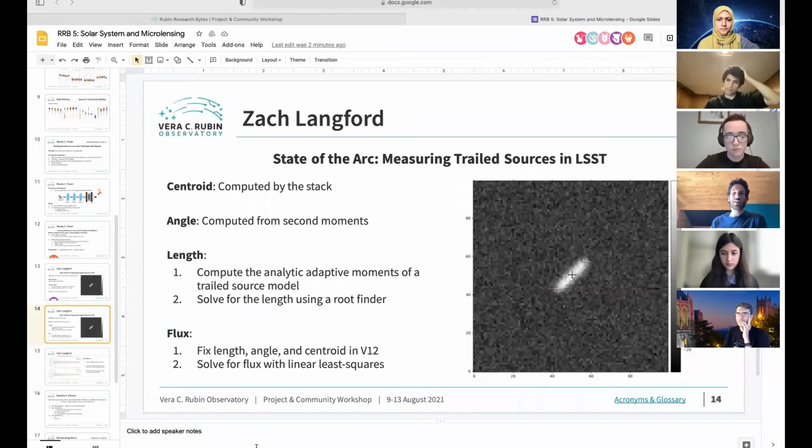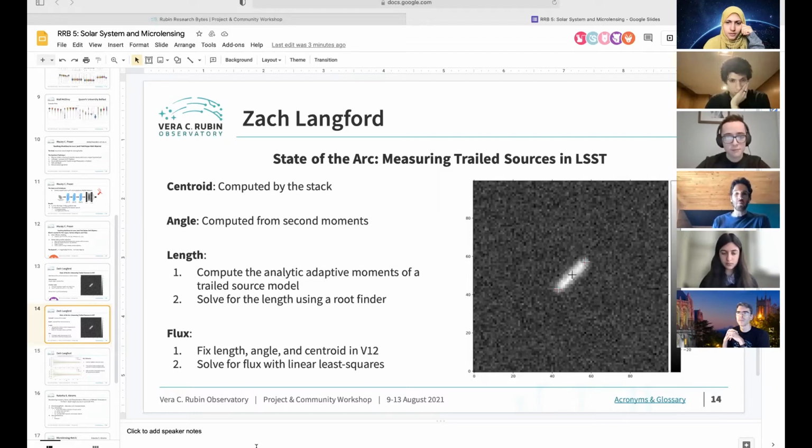It turns out that for length, you can compute the analytic formula for the second moments of a trailed source using the Vera et al. 2012 model, which is a Gaussian PSF convolved with a line, in a similar way that we convolve a PSF with a point to get a point source.